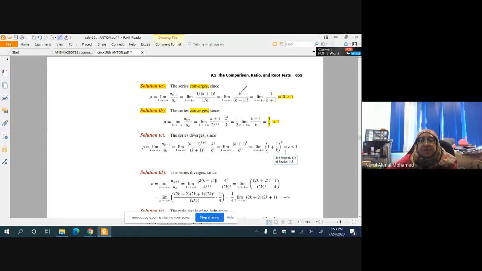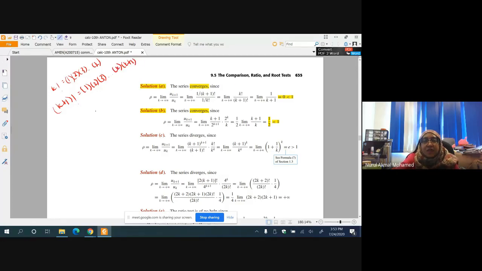Since k factorial is equal to 1 multiplied by 2, multiplied by 3, multiplied by 4, and so on up to k, but k plus 1 factorial is equal to 1 multiplied by 2, multiplied by 3, multiplied by 4, and so on, multiplied by k, and multiplied by k plus 1.